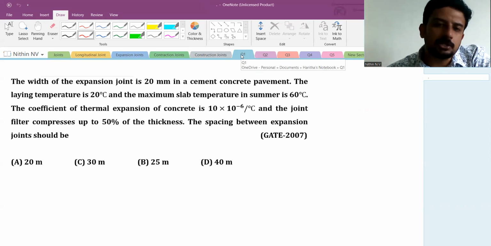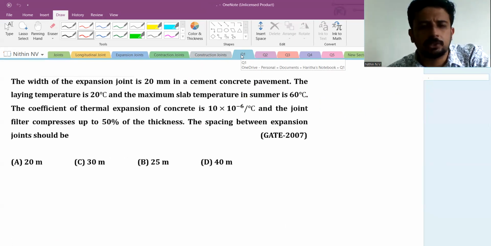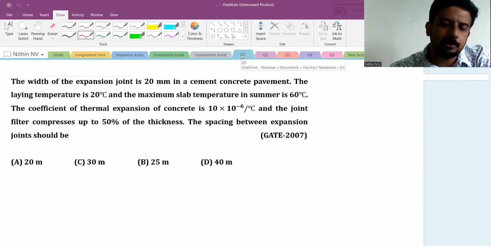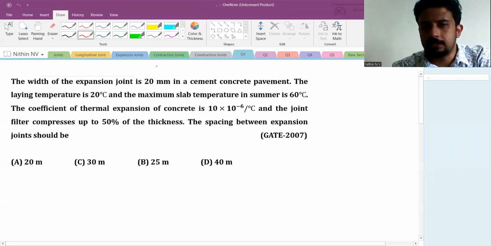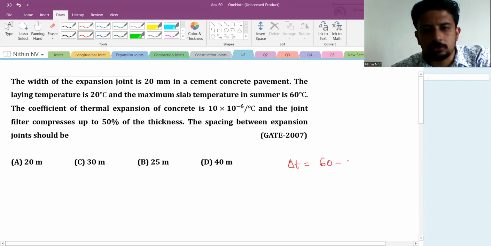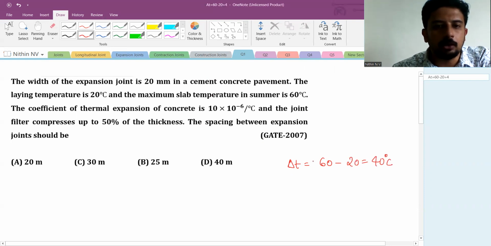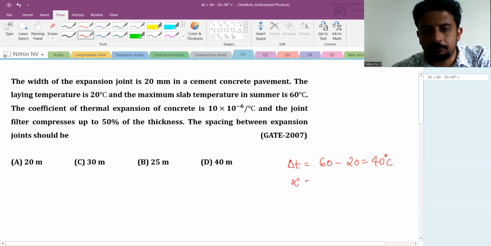Now the laying temperature is 20 degrees Celsius, which means construction temperature. Maximum slab temperature in summer is 60 degrees Celsius. Okay, so from these two lines, what are things we got? The delta T, change in temperature, is given as 60 minus 20, 40 degrees Celsius. Now, in the third line, they have also given coefficient of thermal expansion, 10 into 10 raised to minus 6 per degree Celsius.